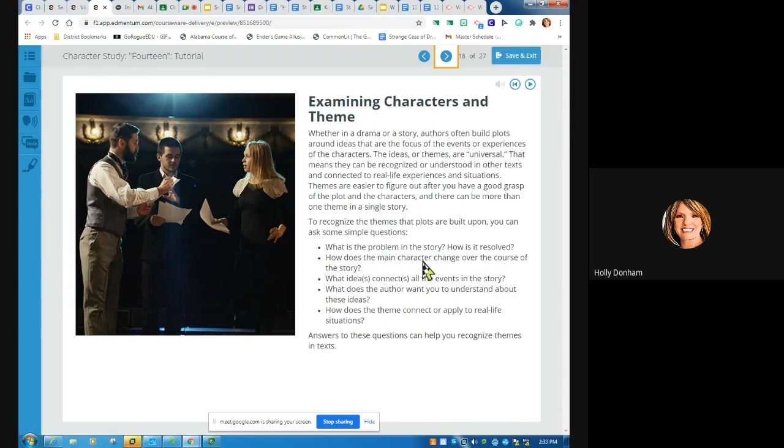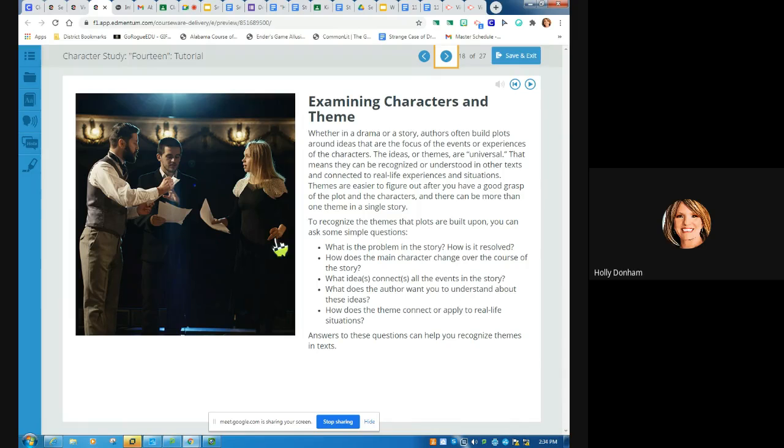Sometimes their looks even change, that's representative of their attitudes. What ideas connect the events in the story? What does the author want you to understand about these ideas? How does the theme connect to real life? Answers to these questions will help you recognize themes in text.